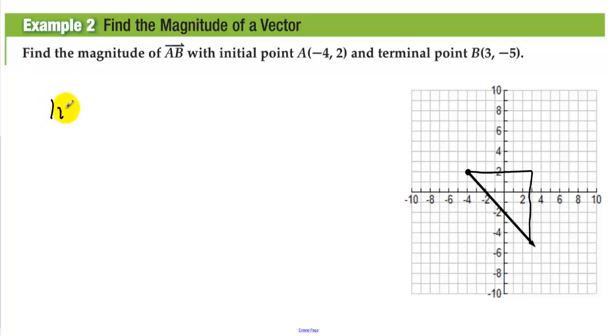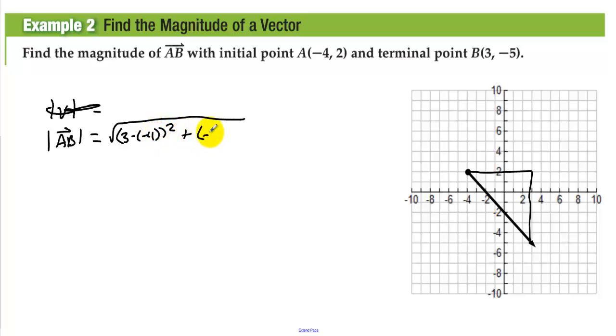So the magnitude of vector AB is equal to the square root of x2 minus x1, so 3 minus -4, squared, plus -5 minus 2, squared. So that's equal to the square root of 49 plus 49, which is the square root of 98.